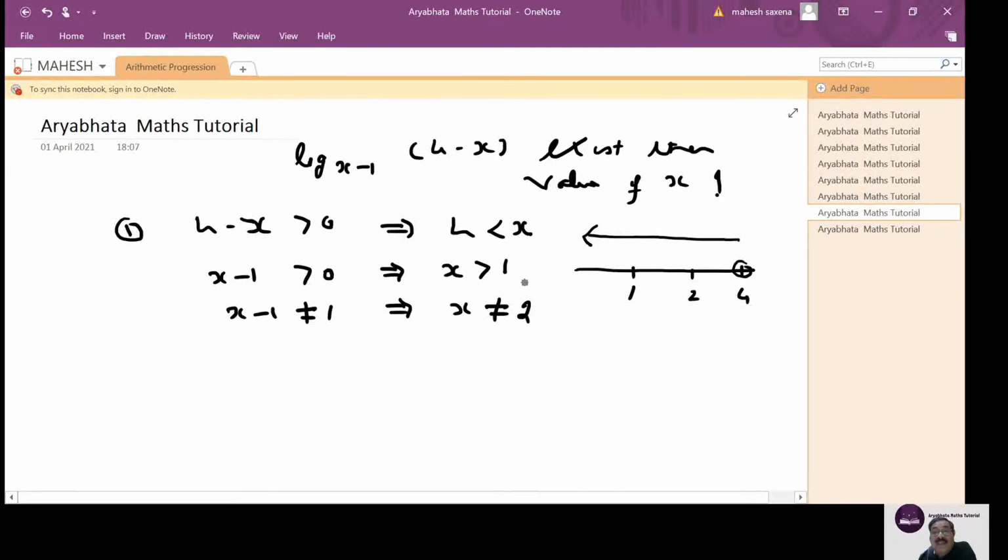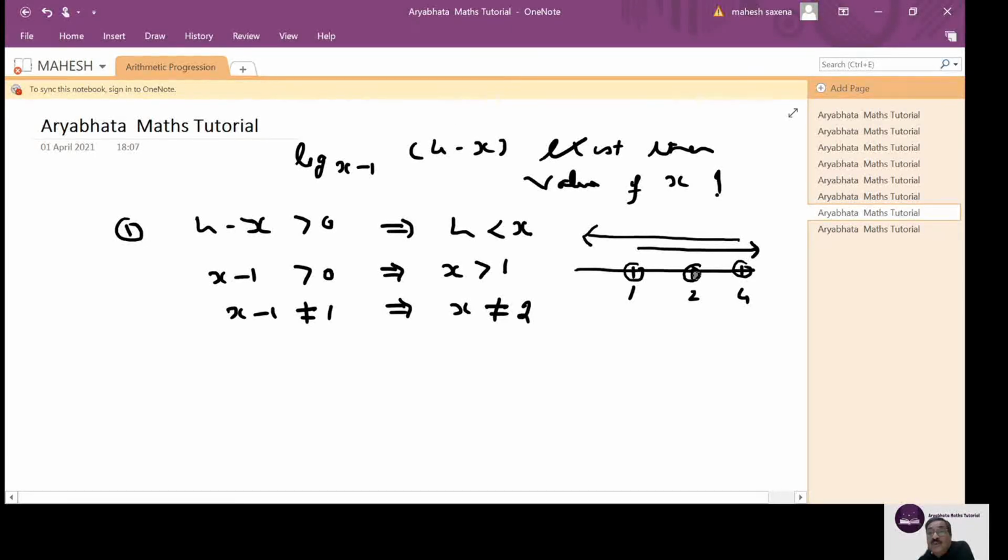Second condition is that x is greater than 1. x should not be 1, but x should be greater than 1. And x is not equal to 2. Now, the common value of x is coming that x should be between 1 and 4 only, then log base x minus 1 of 4 minus x exists.